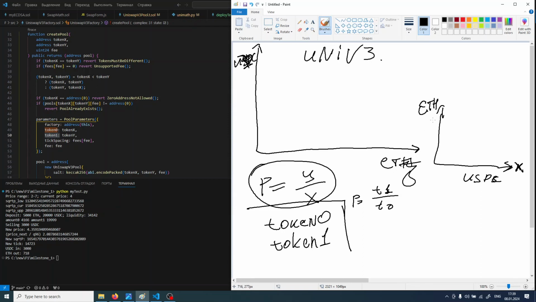You must know this, and you must not wonder why the price of Ethereum from this pool will not be, for example, 2000. This price will be inverted. It's one detail.